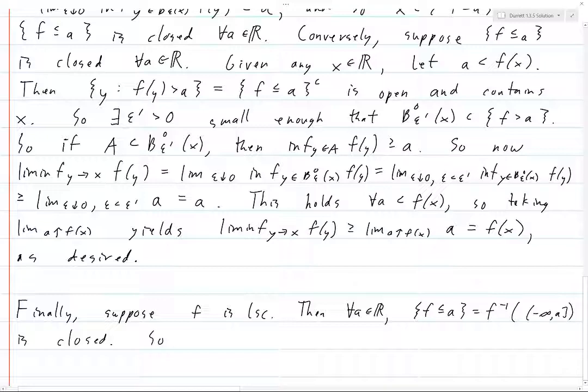So what this tells us is f inverse of minus infinity to a is contained in the Borel sigma algebra on R.